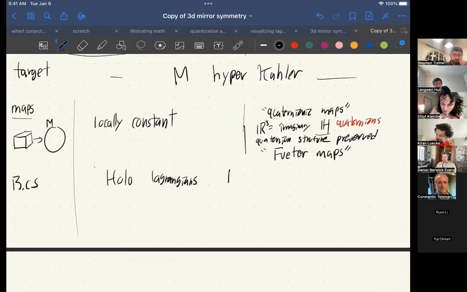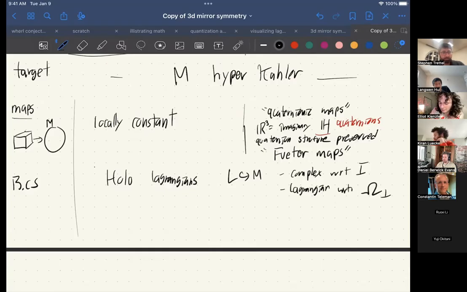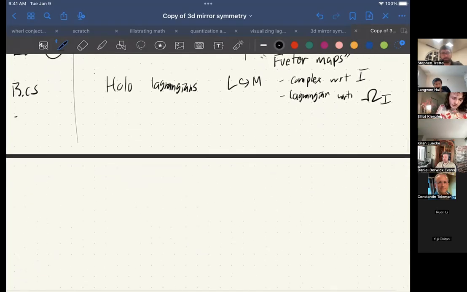So that is a submanifold L of M, which is complex with respect to our complex structure I, and Lagrangian with respect to the holomorphic symplectic form that is holomorphic with respect to I. Great.